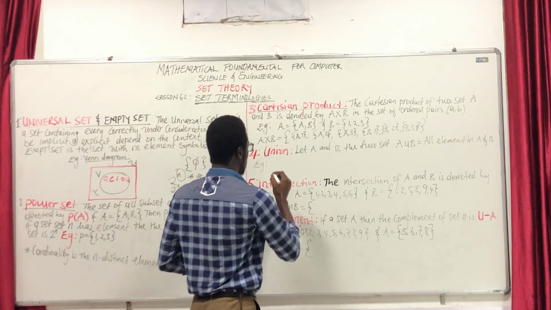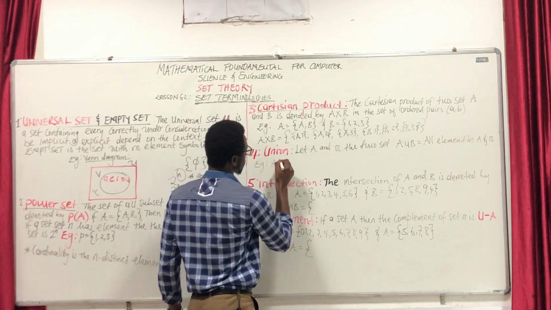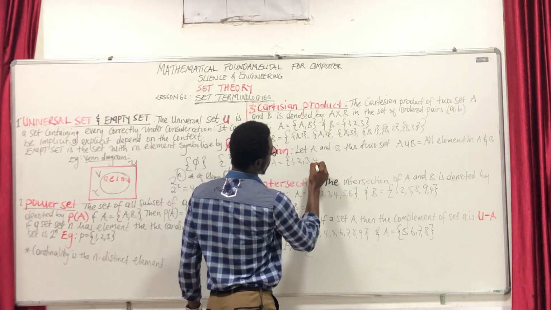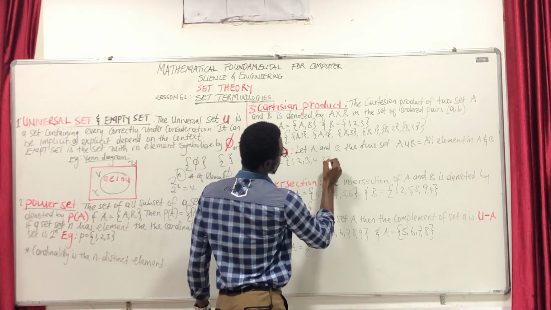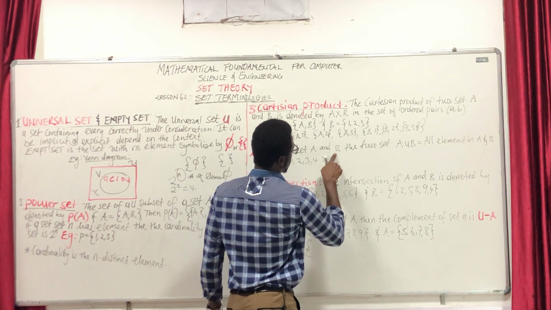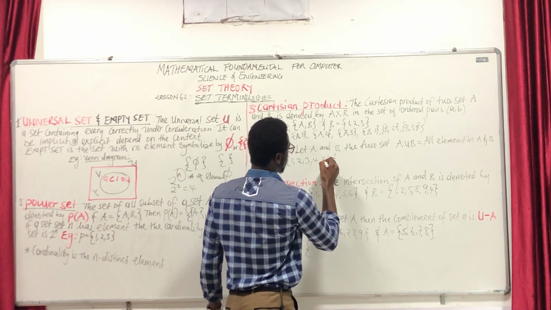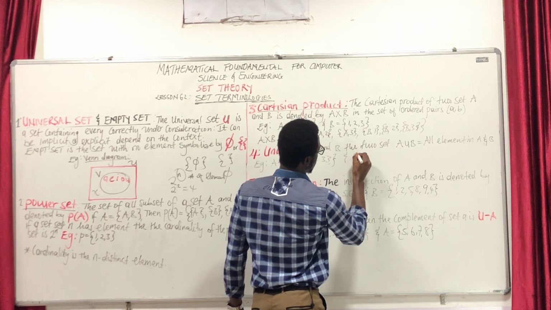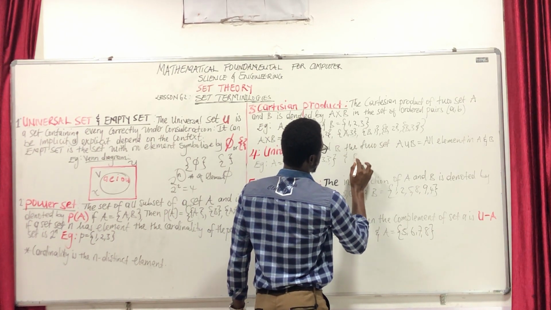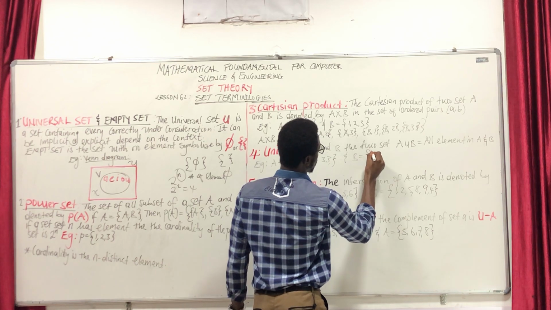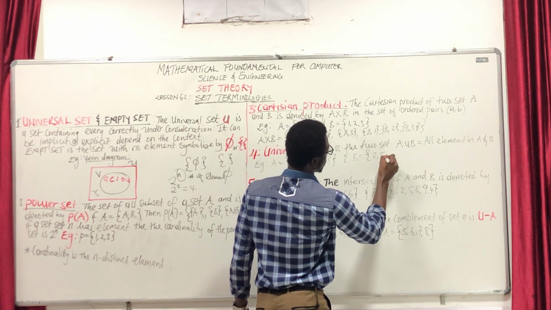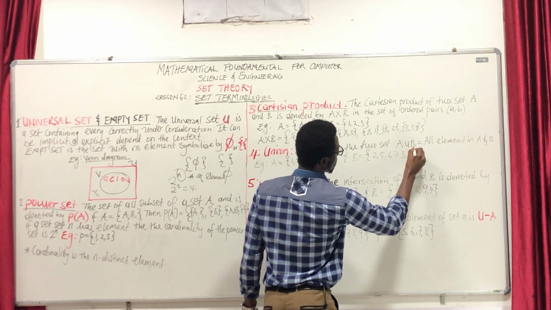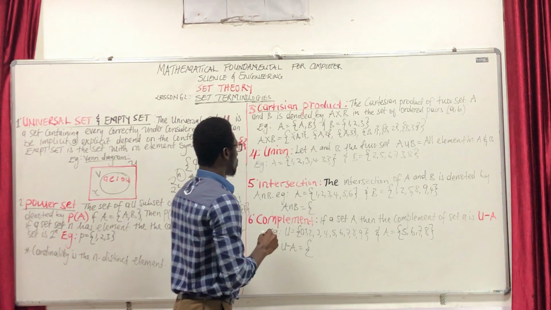So let's see an example. We have A, 1, 2, 3, 4, 3, and B, you have B is equal to 2, 5, 6, 7, 3, 8, for example.